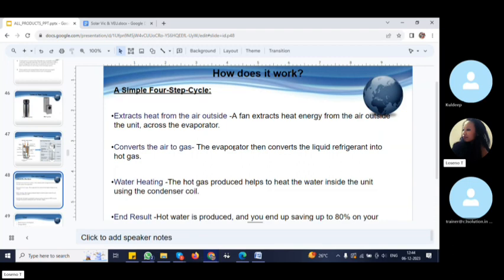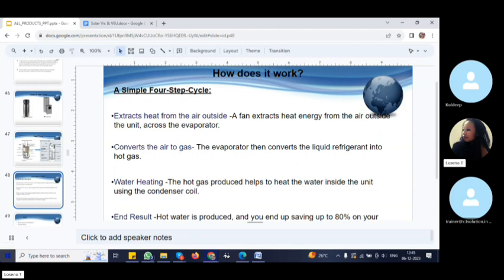That's the reason why it consumes very little electricity. To heat the water, the heat pump uses the surrounding air. So in simple terms, you can explain this to the customer, because they need to understand. We need to educate them, especially if the customer is concerned about how it's going to help them save on their electricity bill.